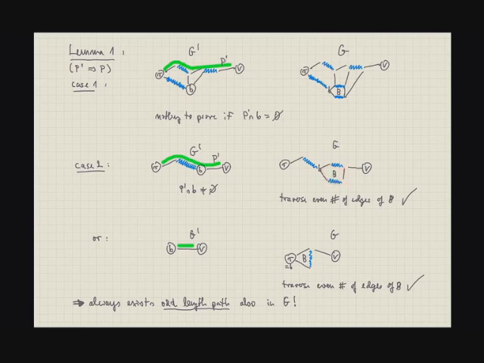I mean, left or right could be exchanged, of course, but there is always the possibility of taking either an even number or an odd number and the right number of matching edges. So in this case, here I would have to take an even number of the edges from the blossom, and I find a corresponding augmenting path also in the original graph.